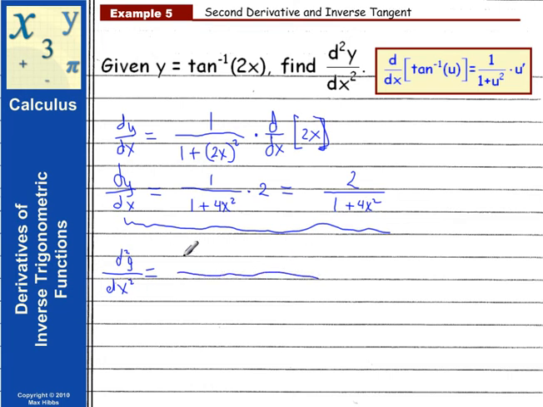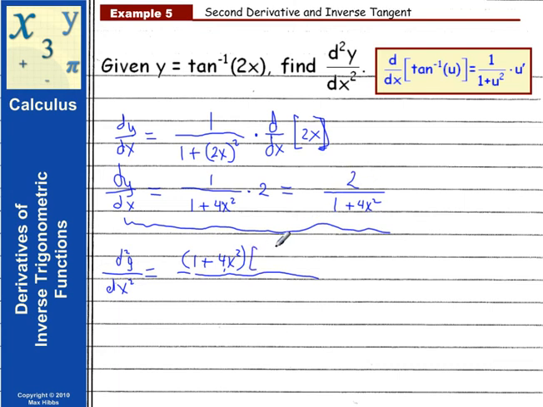We'll take the denominator, which is 1 plus 4x squared, my bad. Let me see if I can't make this cleaner. So we'll take the denominator, which is 1 plus 4x squared, and we'll multiply it with the derivative of the numerator.